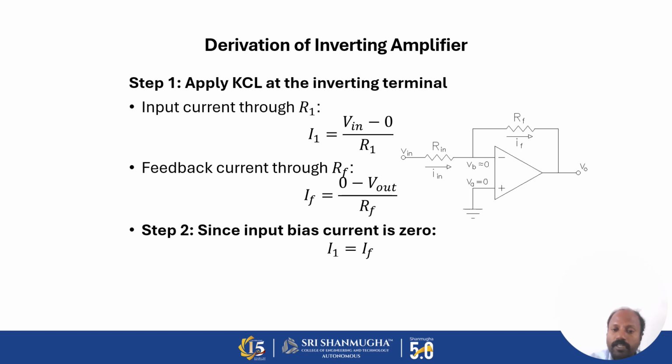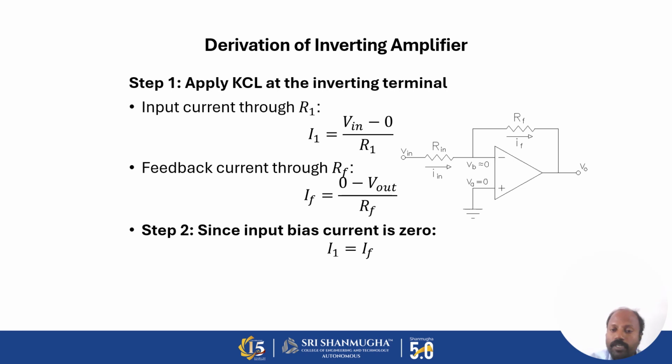Current I1 is equal to input voltage Vin minus VB, divided by R1. What is this VB? Here VB is nothing but the value given to the non-inverting terminal. The non-inverting terminal is connected to ground.